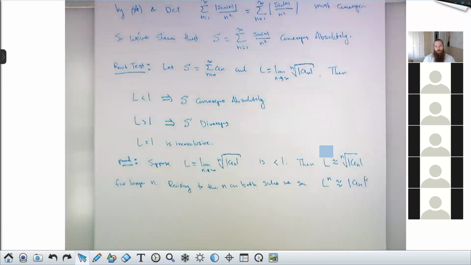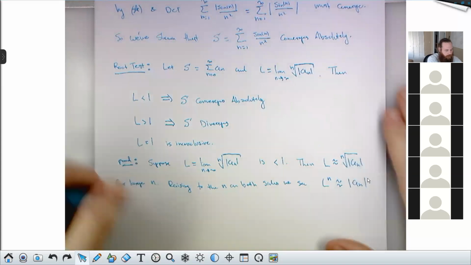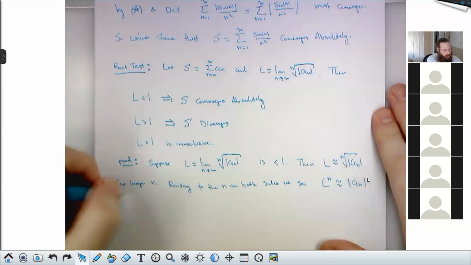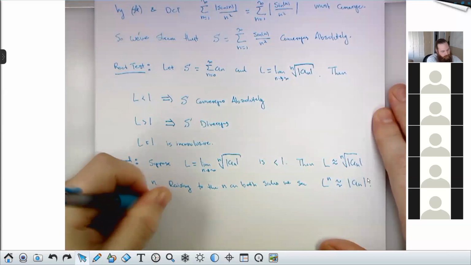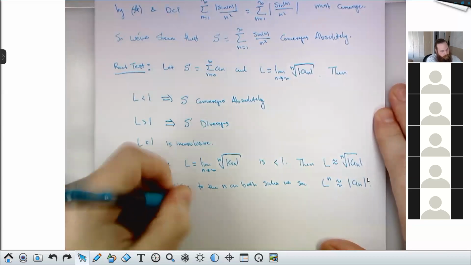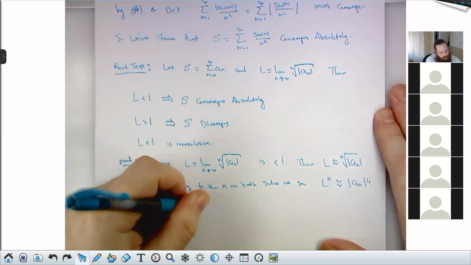If you raise both sides of this expression to the n, L becomes L to the n, and the nth root of abs a_n to the n is just abs a_n. The nth root and nth power cancel. Thus, sigma L to the n is very, very close to sigma abs a_n.